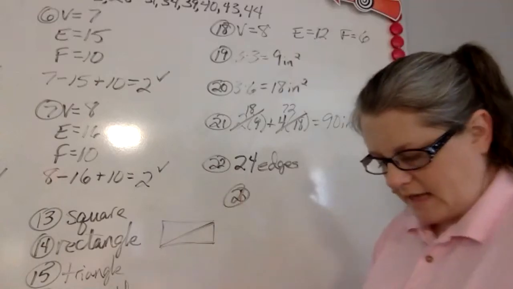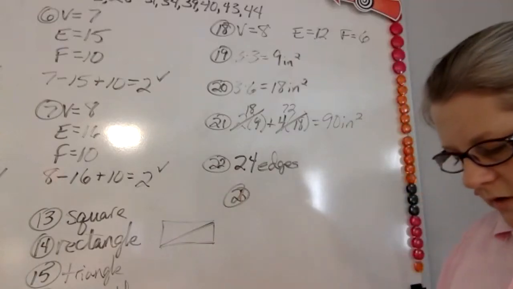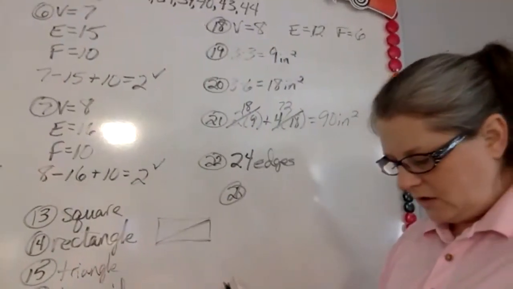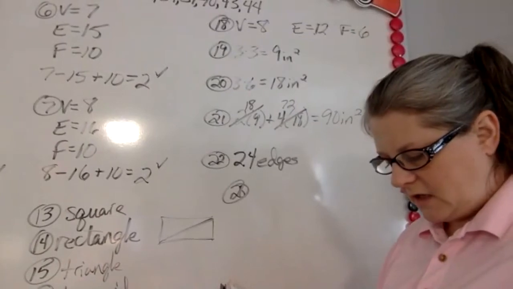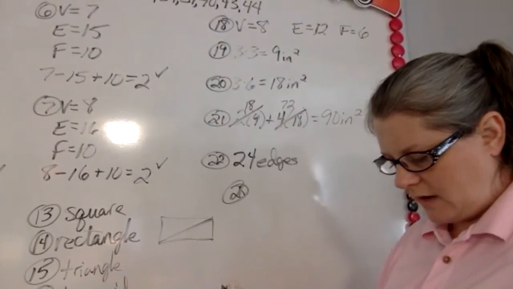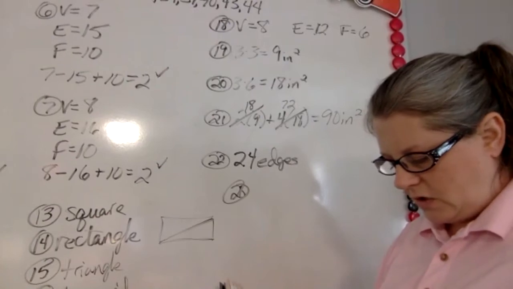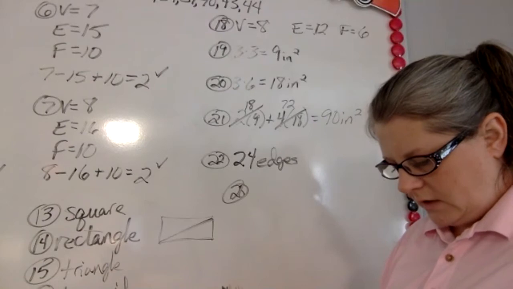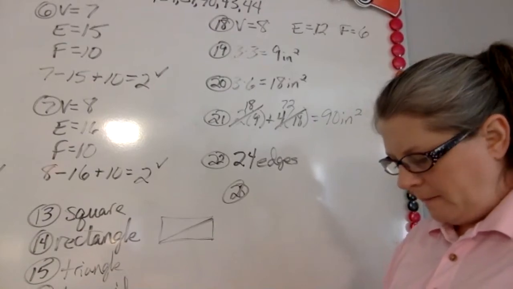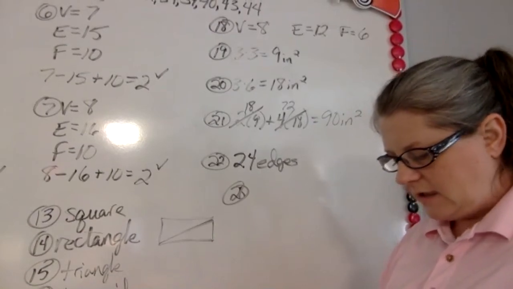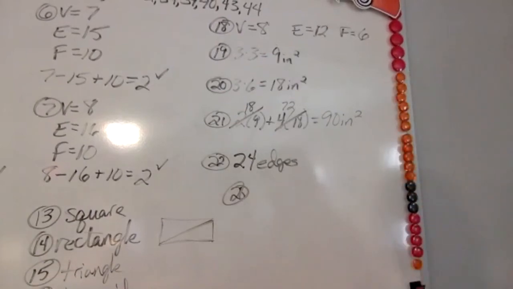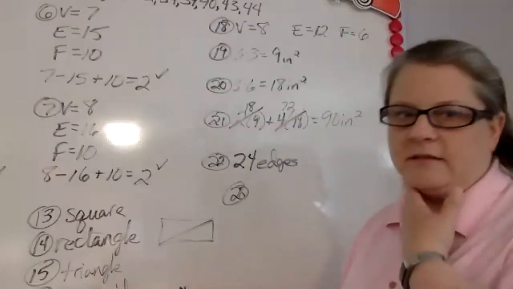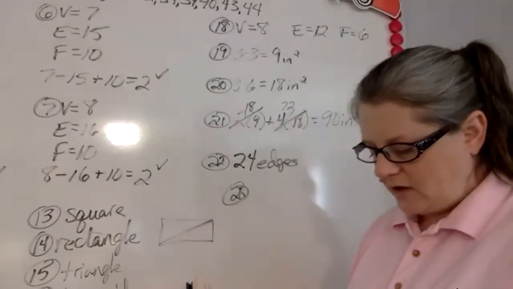On 28, it says use Euler's formula and the fact that each edge is the intersection of 2 faces to find the number of vertices for each convex polyhedron with its described faces. For number 28, it says 8 triangular faces.